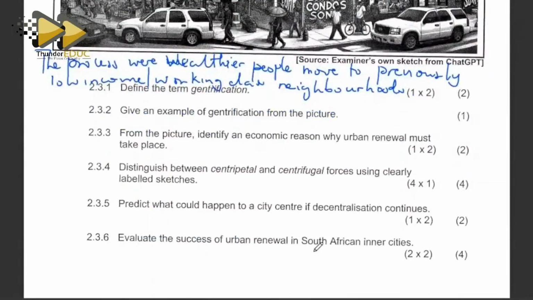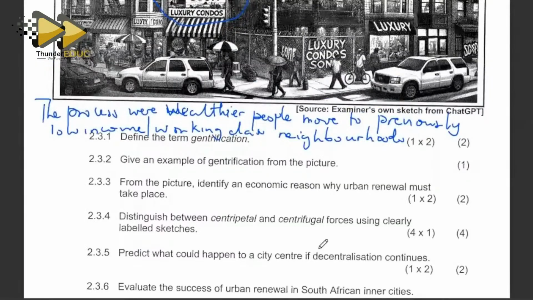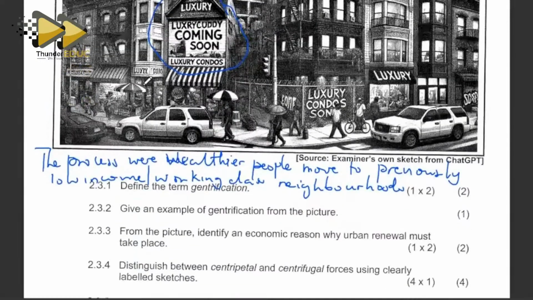From the picture, identify an economic reason why urban renewal must take place. If we check, the situation appears like we have informal traders who are around. And also we have people who resemble like they are just wandering around and having nothing productive to do.